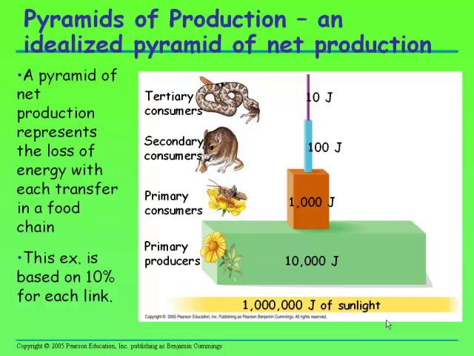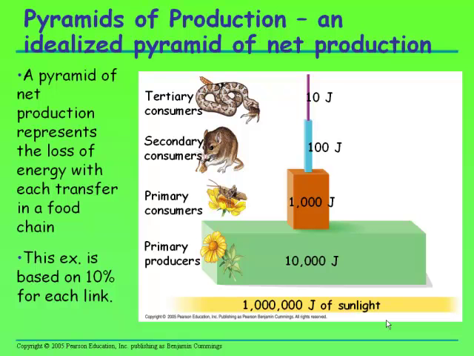So here is an idealized pyramid of net production. So you have 1 million joules of sunlight. So this is energy. This example assumes a trophic efficiency of 10% for each link in the food chain.